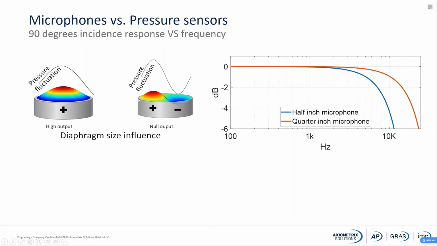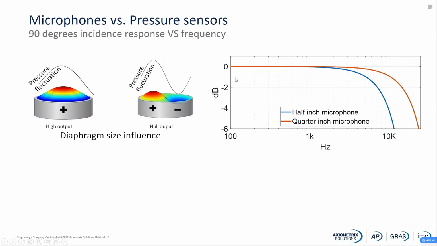And of course, if the frequency goes up so that the wavelength is double or half the size of the membrane, then you can see the membrane is going to go in two directions at the same time, and therefore it is not a very good measurement of the distance in between, and you will have a null output, because plus minus gives a 0.